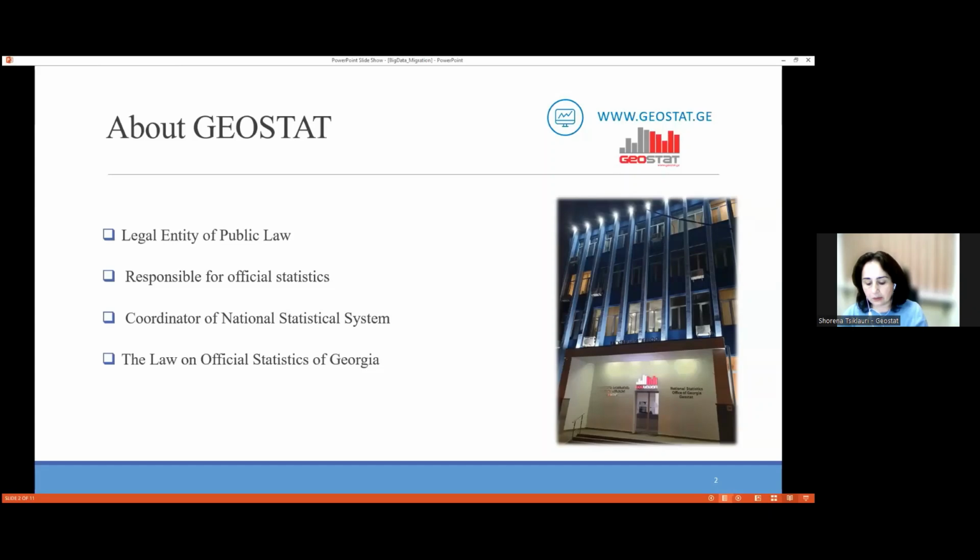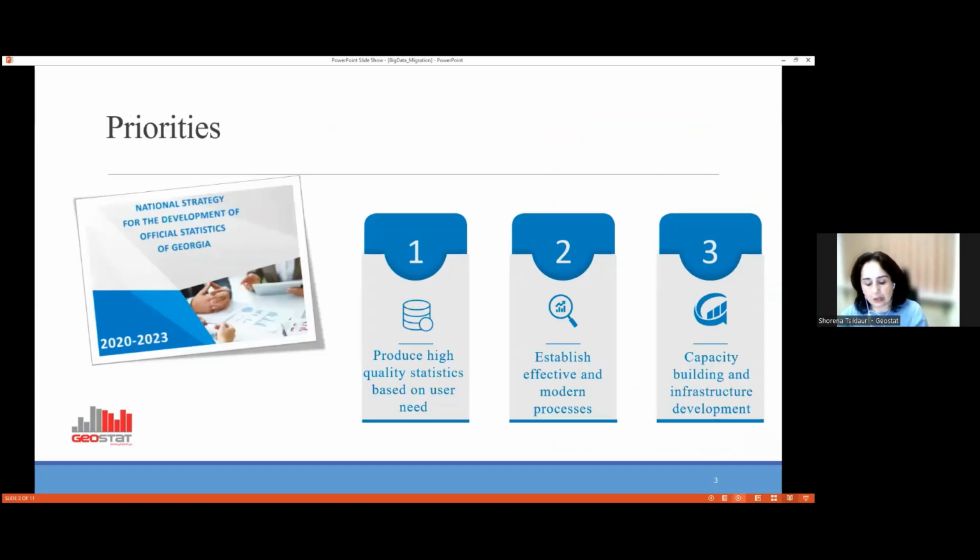Besides, the activities of Geostat are based on the basic principles of official statistics, followed by international standards and recommendations. In 2019, the government of Georgia approved the National Strategy for Development of Official Statistics of Georgia for 2020 to 2023.